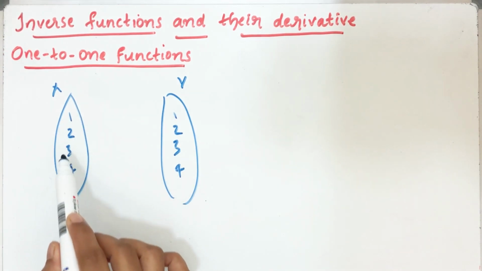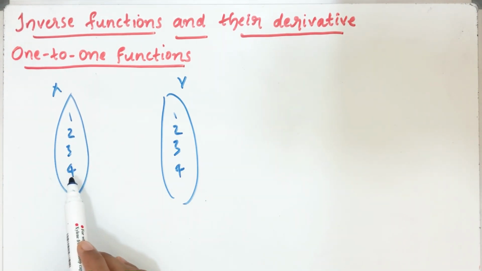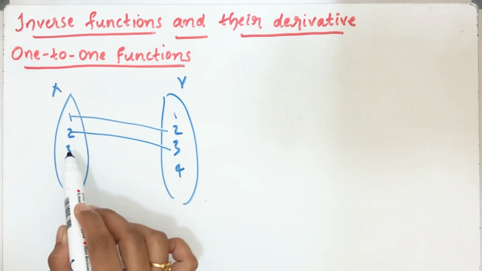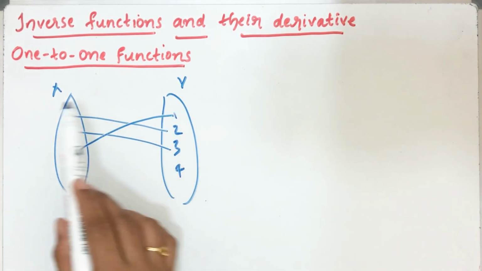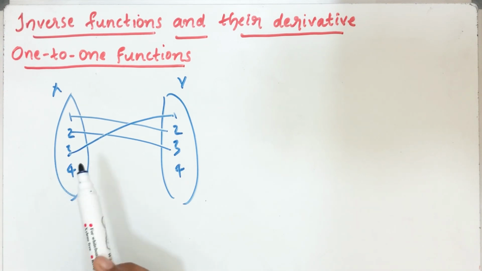So 1, 2, 3, 4 should each have an image, and one element can have only one image. For example, we can map 1 to 2, 2 to 3 and 3 to 1. This cannot be a function because 4 has no image. This is not a function.